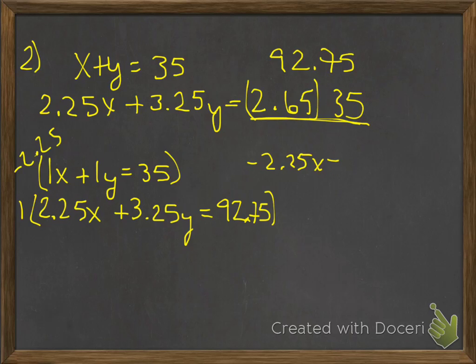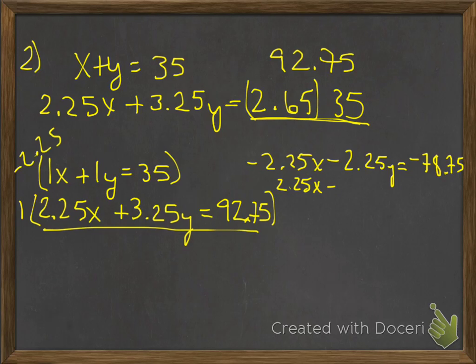minus 2.25y equals 35 times 2.25 equals 78.75. Okay, and then of course you would have this equation, which would not change, 2.25x plus 3.25y equals 92.75.